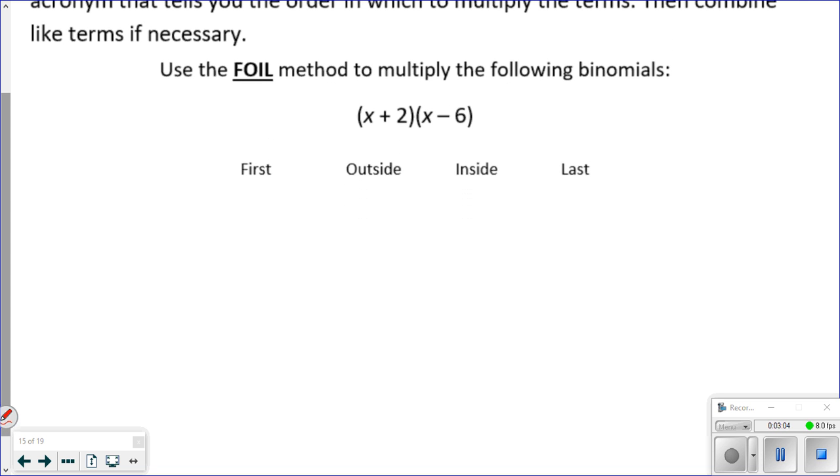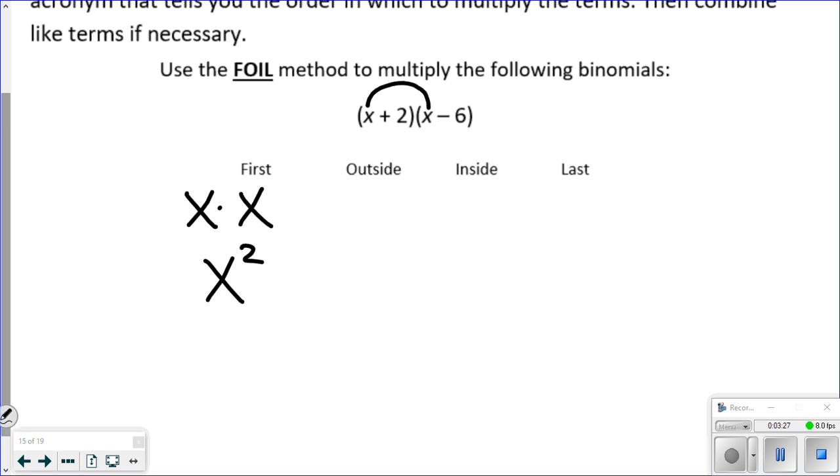So I'm going to take this x, and I need to multiply it by the first term in the second set of parentheses. So basically, I'm distributing x times x. What is x times x? It's x squared. Okay.